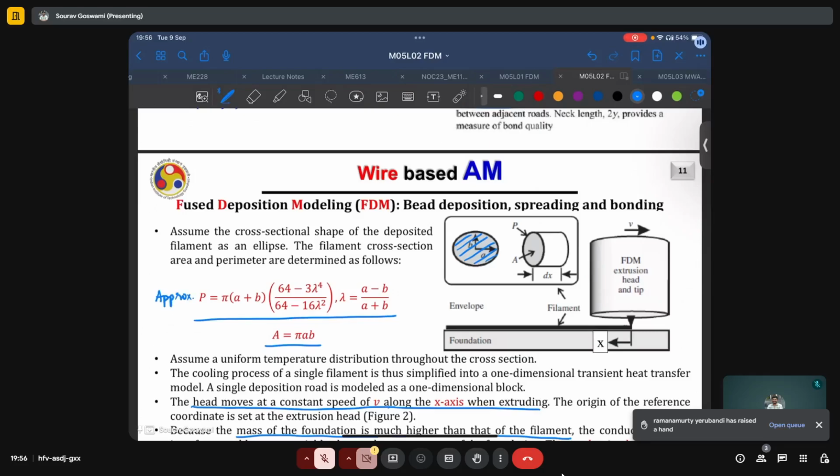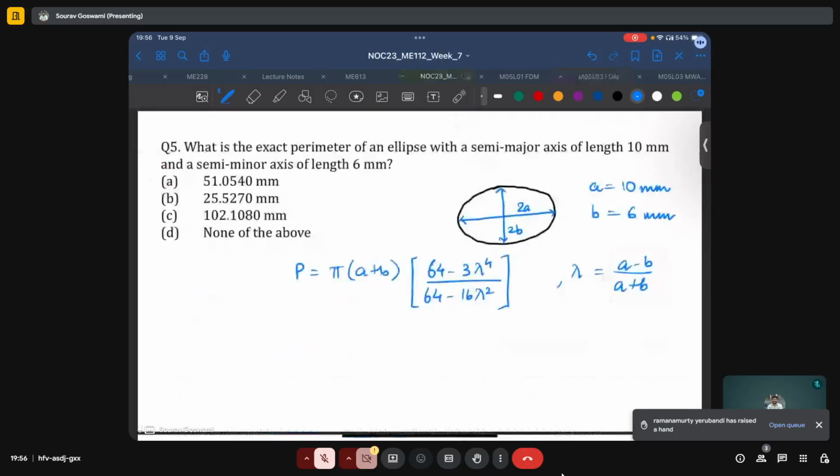Because the perimeter of an ellipse does not really have a closed form solution. It is available in the form of a series solution, the accuracy of which will be dependent on the number of terms of the series which you are considering in your computation, but it will still never be exact. And so the exact perimeter is none of the above.